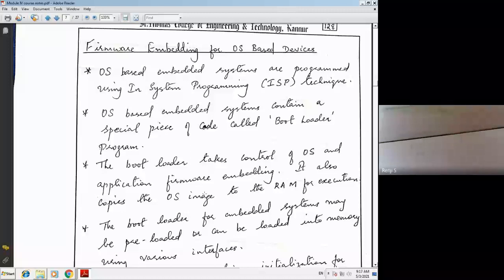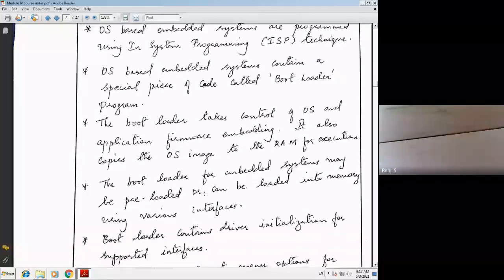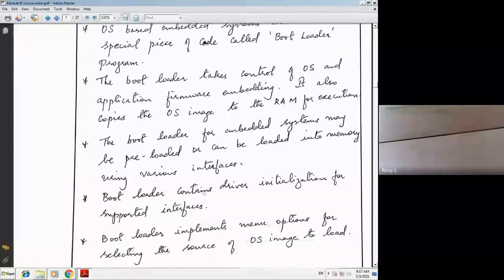So it is the OS that performs all these tasks for a PC. Likewise, here also it copies the OS image to the RAM for execution. The bootloader for embedded systems may be preloaded or loaded into memory using various interfaces. The bootloader program has to be loaded into an embedded system, and only then can it perform its functions.